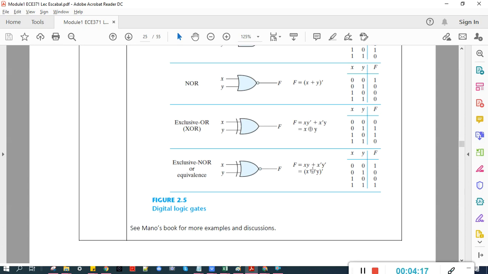This means that x and y are always equal. So the output is high if the inputs are both 0 or both 1. In other words, if the inputs are the same. Otherwise, f is 0.